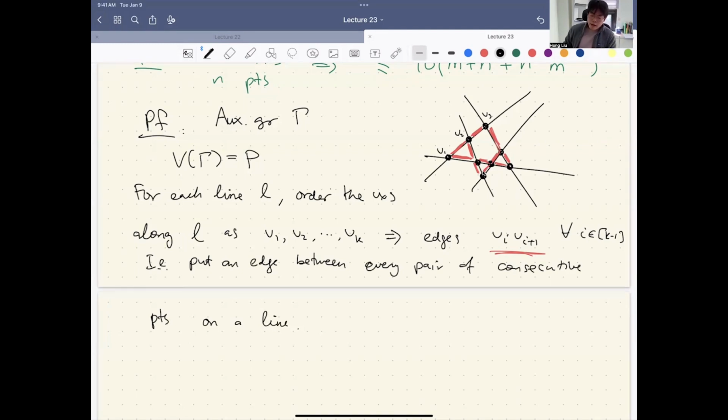All right, now let's see the properties of this auxiliary graph. First of all, what's the number of crossings?